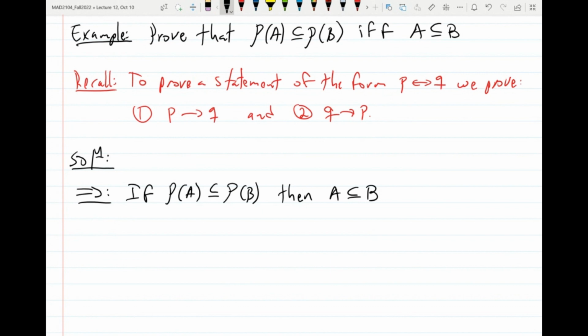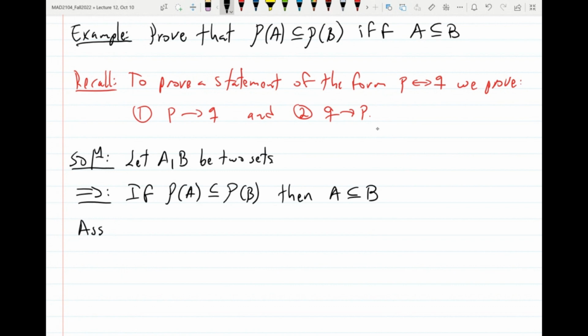All right. Again, this is an if-then. How do we prove if-then? Assume P, prove Q, right? So we start by saying, it is understood that, let A and B be 2 sets. This is at the very beginning. Now we're going to assume this part, we're going to prove the other one.